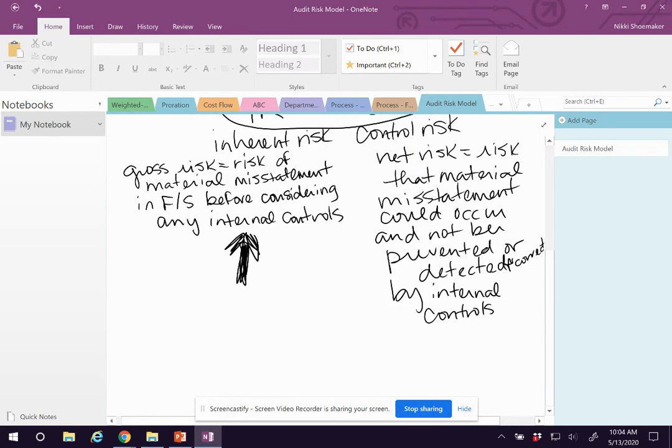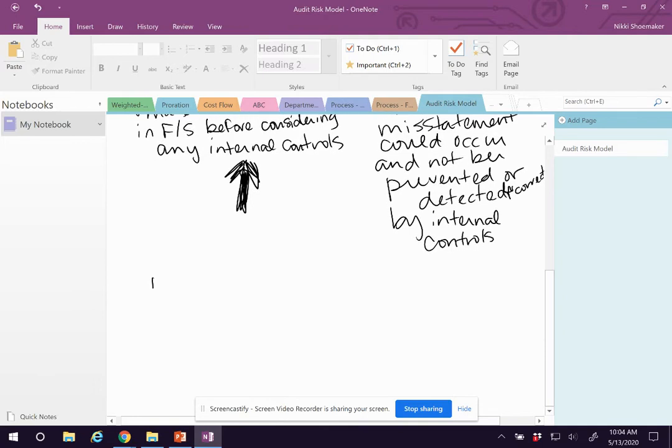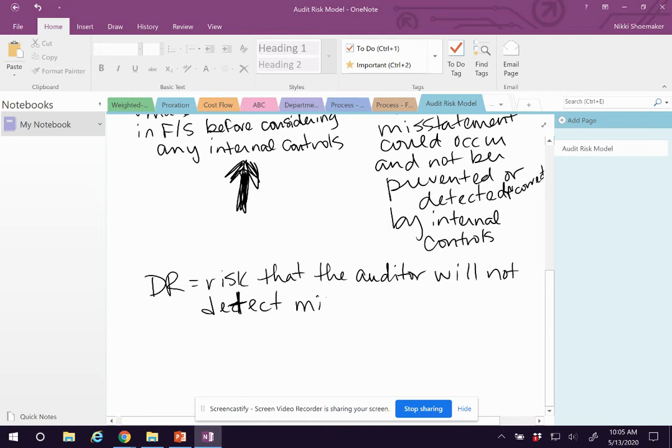Okay? So I'm going to scroll down. Detection risk, what is that? That is the risk that the auditor will not detect misstatements.